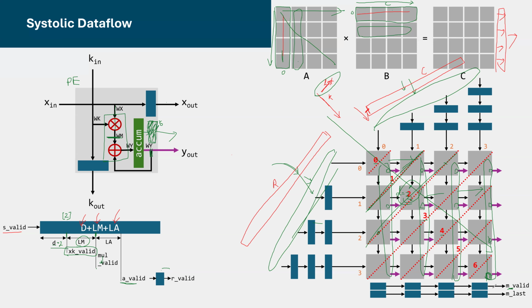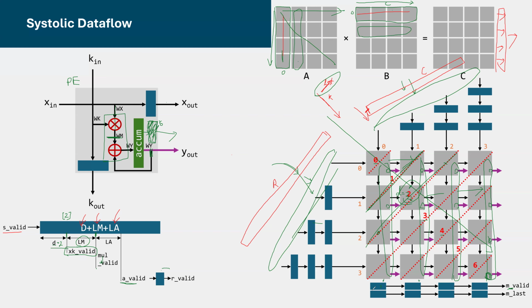When you're copying the data out, we also have to track the valid signals. When this goes here, this valid should become 0. Then when this goes here, this should become 0, 0, 0. Finally, when everything goes out, everything will be 0.